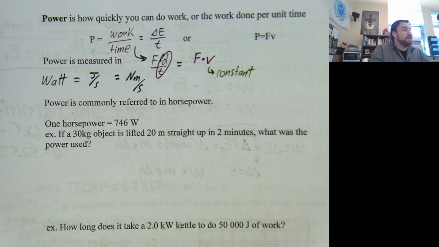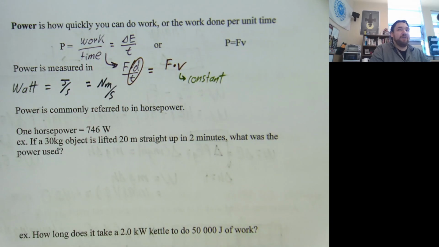And power is commonly referred to in horsepower. When you are looking at vehicles, trains, cars, mostly trucks, things that have a lot of it, we often refer to it as horsepower because power was at one point related to the most powerful animal people put to work, and that is the horse.